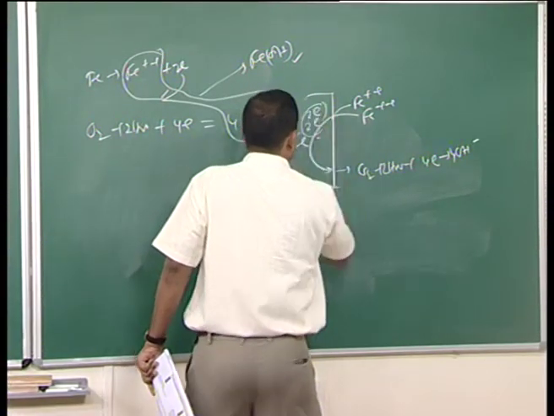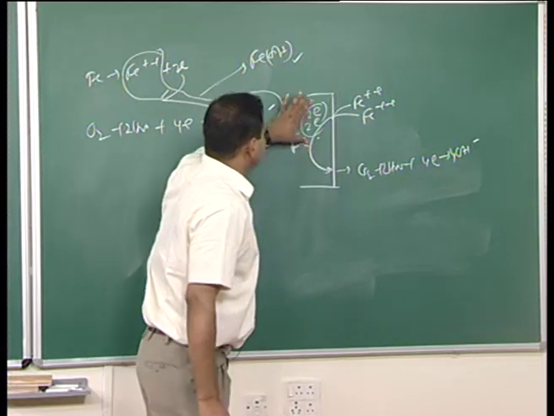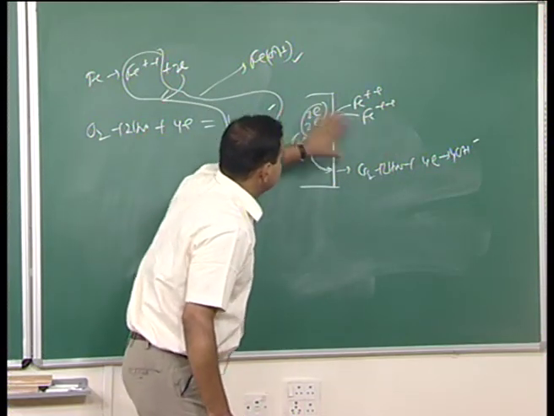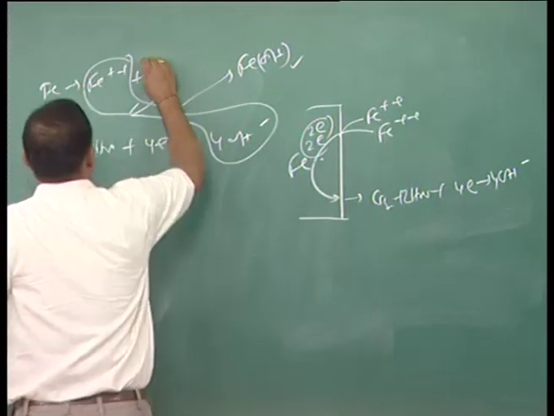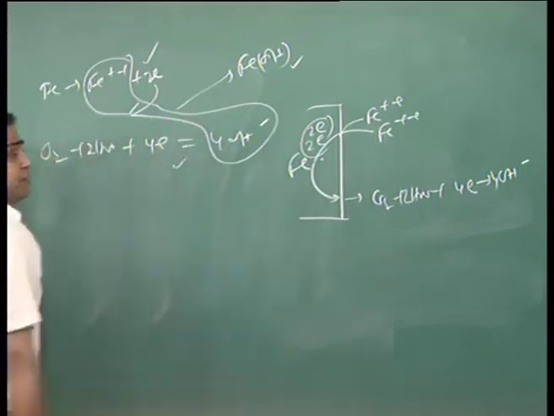The combination of these two processes gives rise to 4 electrons, and these 4 electrons will be consumed by this reaction. We have also seen that this is called the anodic reaction, and this is called the cathodic reaction.